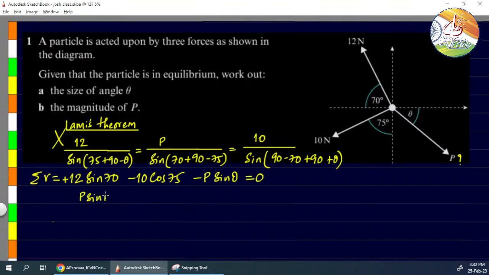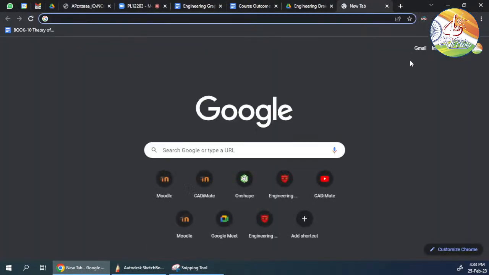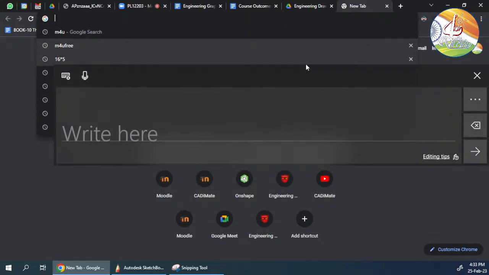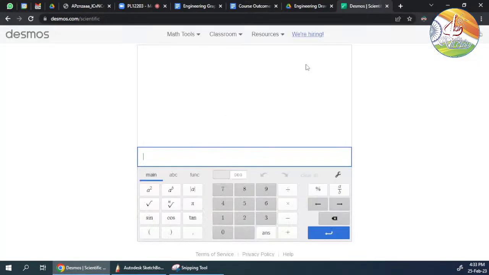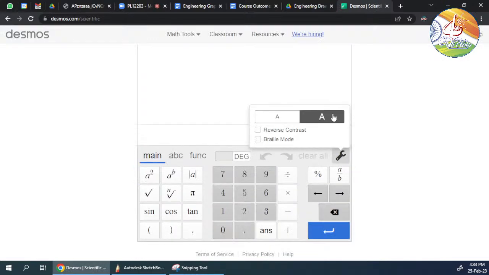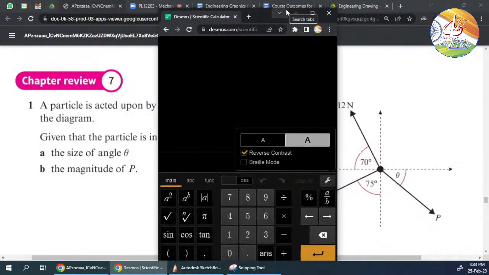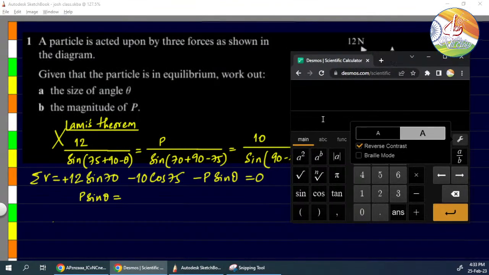So we get P sine theta equals, what do we get? We can do the calculation. Let's take the calculator. Okay, so solve this out.